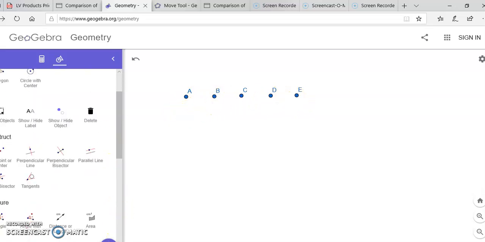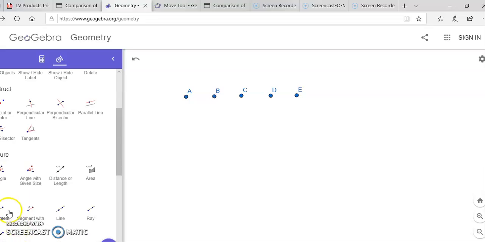Yes, I can. I can join these points through line segments like this, isn't it, children? So, we can say a straight line is a line which lies evenly with the points on itself.